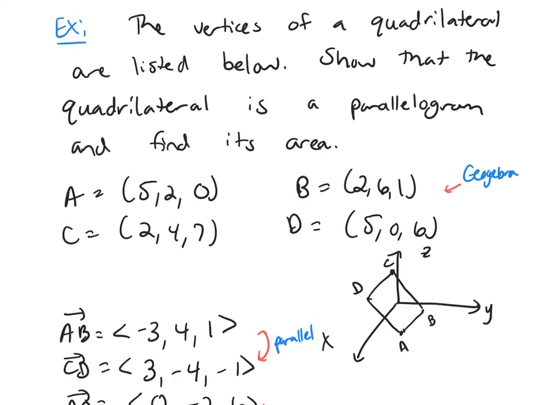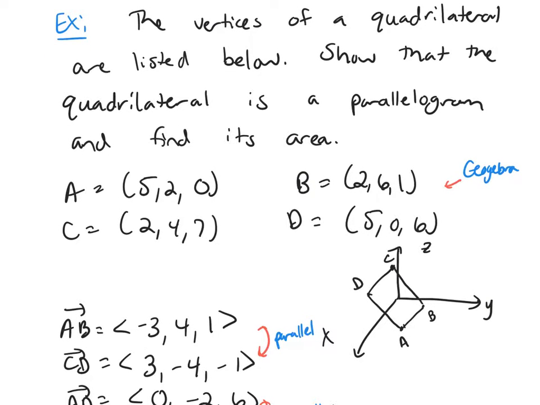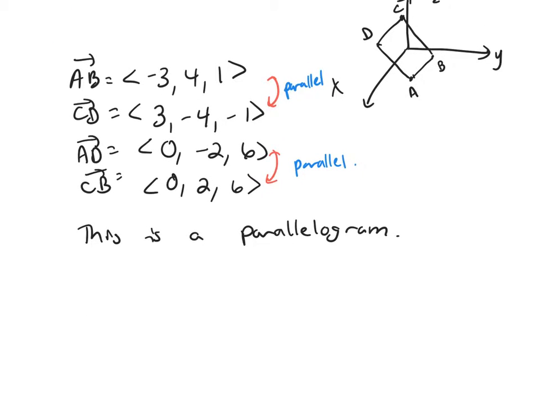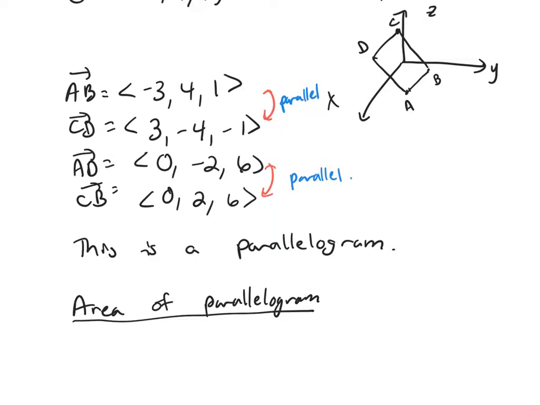So now, if I go back to the problem, I was asked to show it's a parallelogram, and I need to find its area. To find the area of a parallelogram, remember in our geometric properties, there's a way to find this using the cross product. So I need to take two vectors that form adjacent sides.